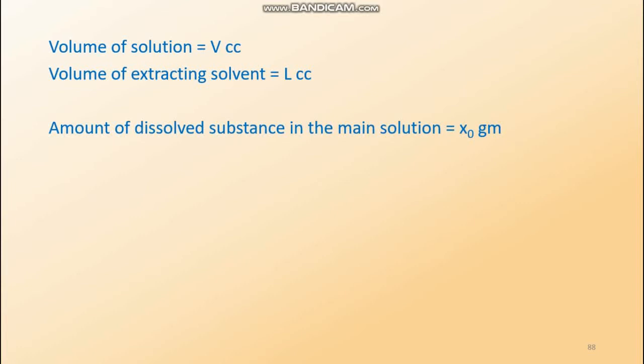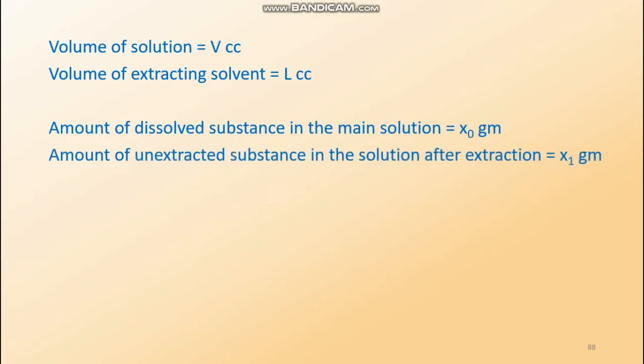If I use the names water and chloroform, you must take into consideration that the general terms are the solute, the main solution, and the extracting solvent. The amount of dissolved substance in the main solution is x0 gram. That means x0 gram of iodine is dissolved in V cc of aqueous solution.